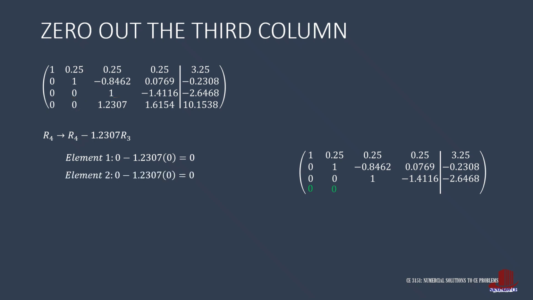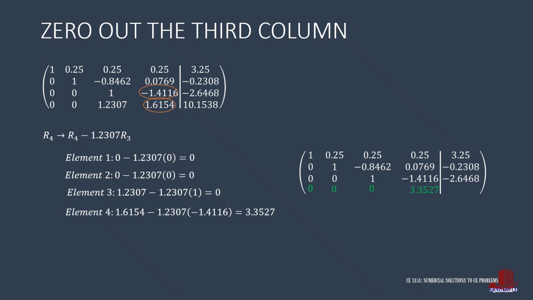Then, for the third element, there is 1.2307 less 1.2307 times 1, which then makes it 0, followed by 1.6154 minus 1.2307 times negative 1.4116, which is 3.3527. The last has 10.1538 minus 1.2307 of negative 2.6468, which yields 13.4112.